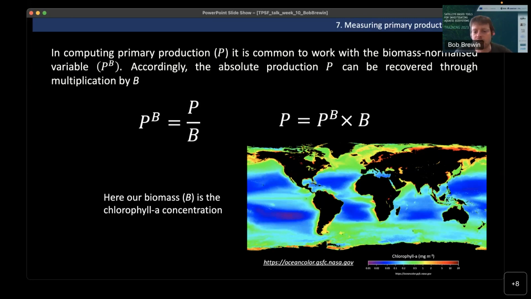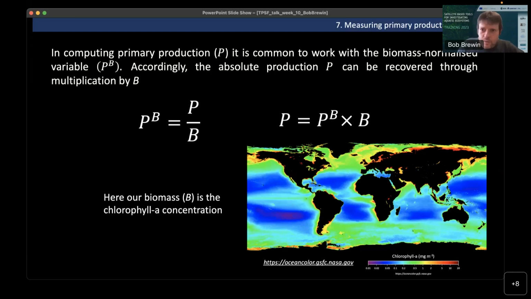So I'm going to use an available light model for the rest of this lecture, which is a fairly simple approach, but it incorporates all of the key aspects of modeling primary production from space.